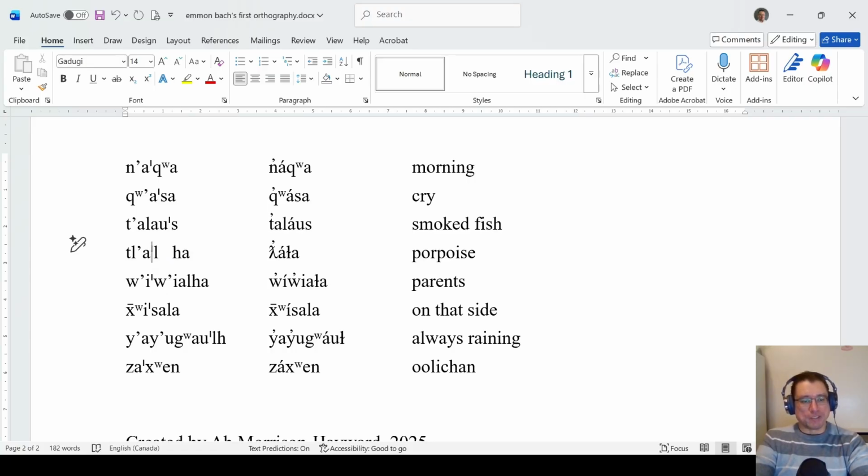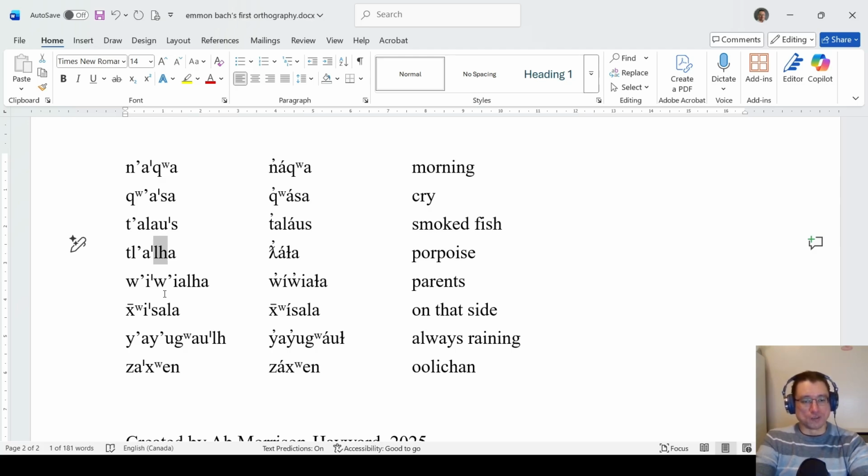You might be tempted to separate the L and the H, and you might accidentally read it as tlalha instead of tlasla, because in English we're used to kind of separating consonants like this.